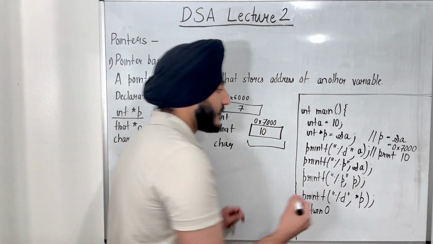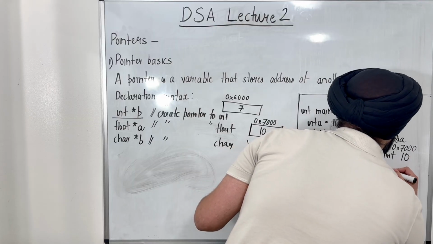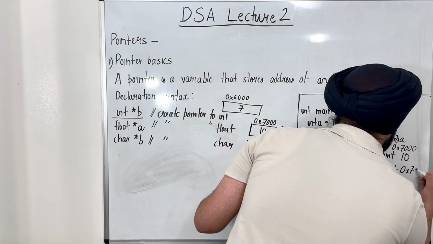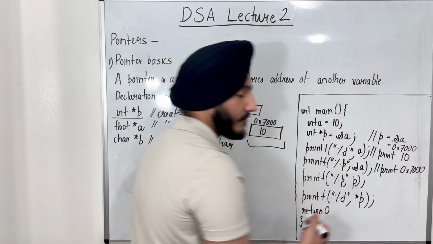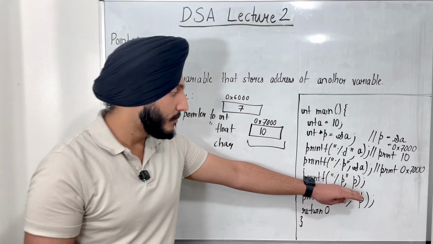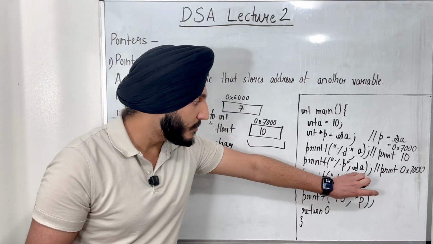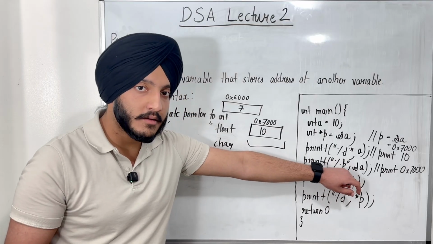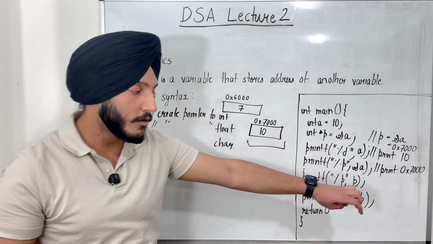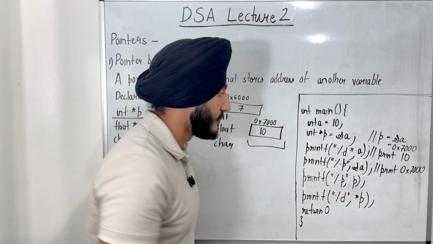I hope that makes sense again. So it's going to print 0x7000. Okay. Now when I print %p p, once again this p is also an address, right? And that address is the address of a. So this will also print the value 0x7000.